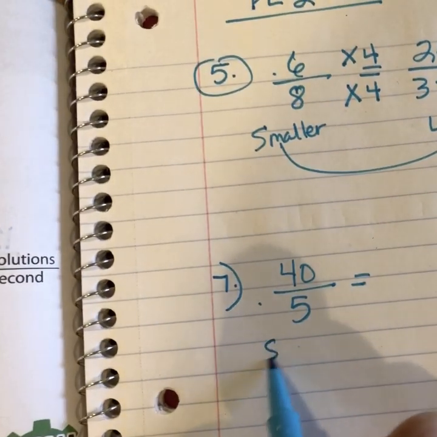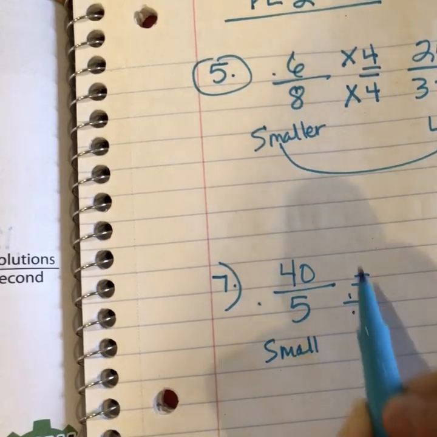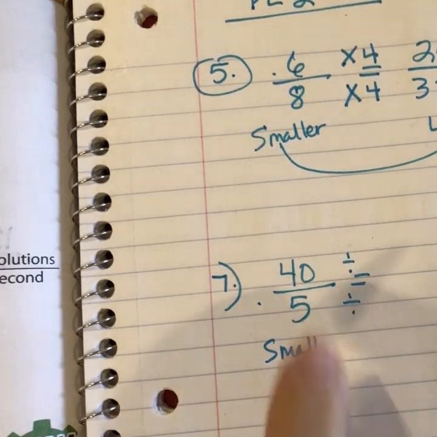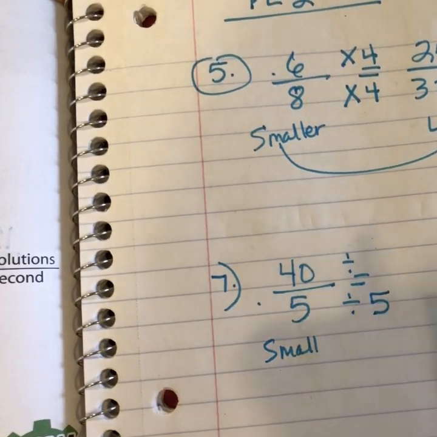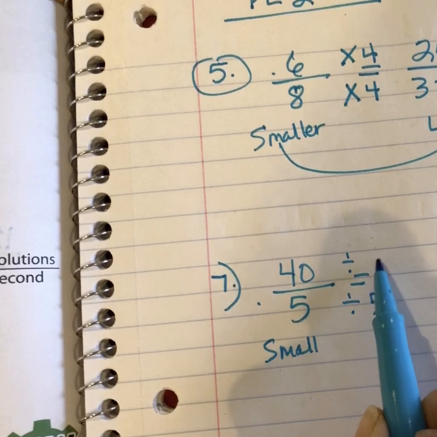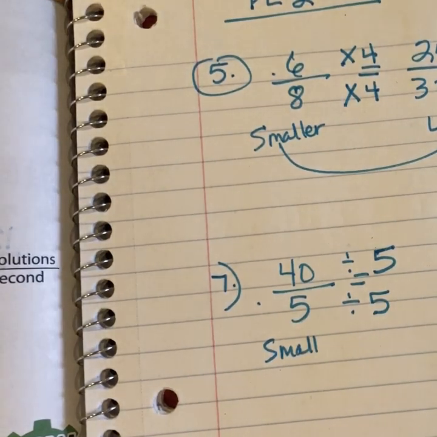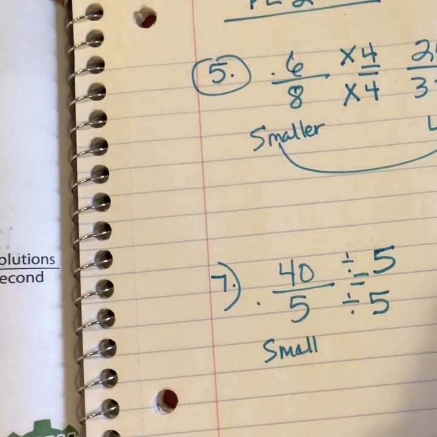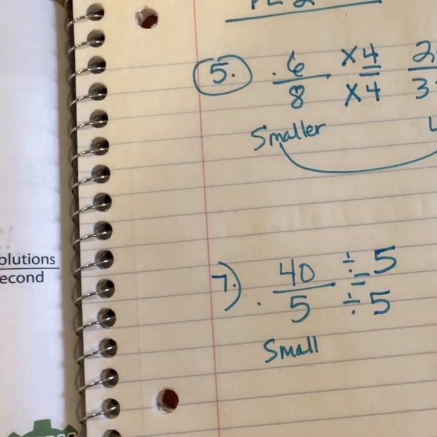If I'm going from small to large, I am going to divide. Well, in order for me to get to 5 to 1, I know I'm going to divide 5. What I do to the bottom, I do to the top. And 40 divided by 5 is 8. So that means I make the unit rate, okay, is 8 revolutions per second.